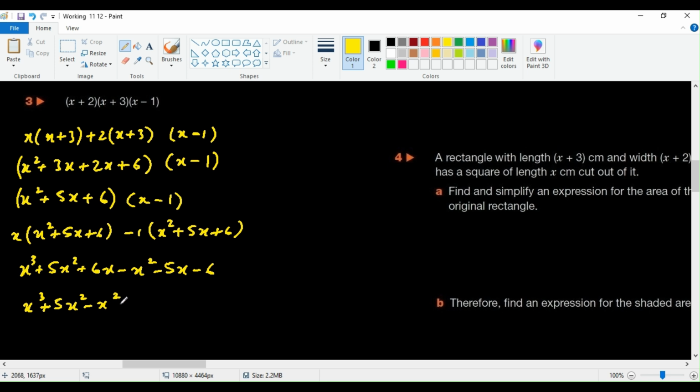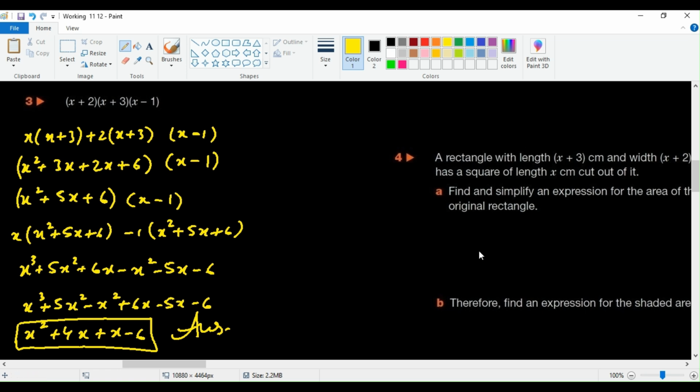I'll rearrange this, plus 6x minus 5x minus 6, and the final answer is going to be x³ plus 4x² plus x minus 6 for this question.